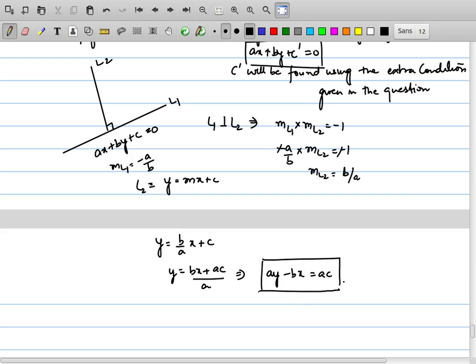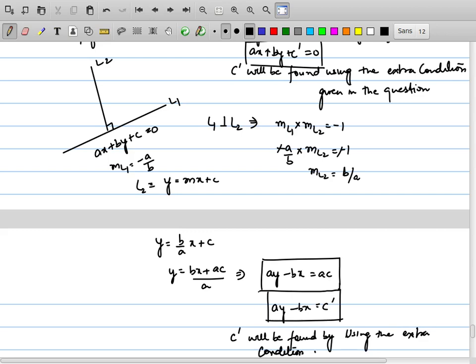This is the required line we are looking for. Now we don't know c. Instead of ac we can use another constant, let's say c dash. ay minus bx equals c dash is the line we are looking for. c dash will be found by using the extra condition given in the question.